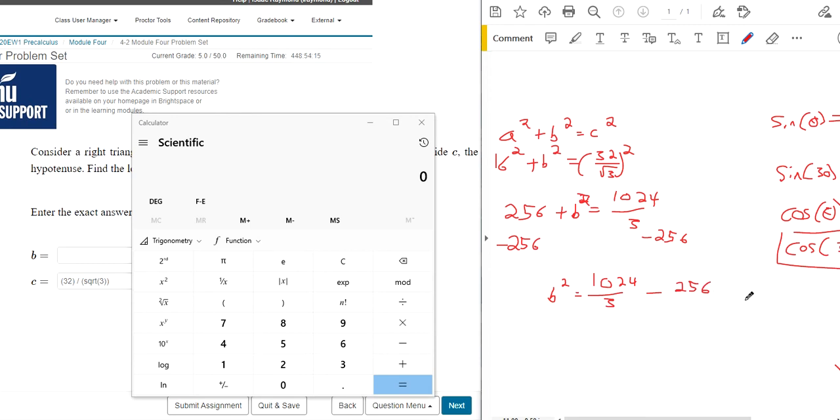We need common denominators. So let's put this over 1. And that means with that second fraction we've got to multiply the top and the bottom by 3. So 256 times 3 gives us 768.